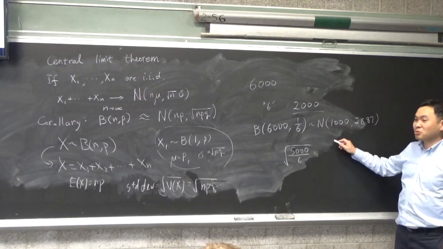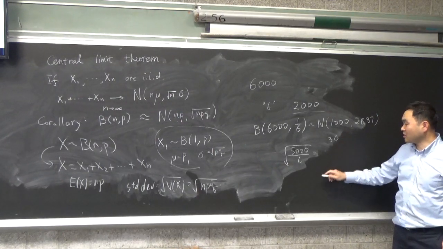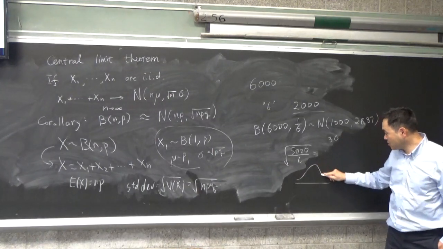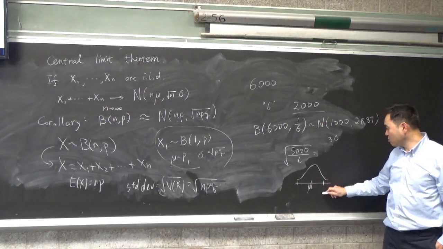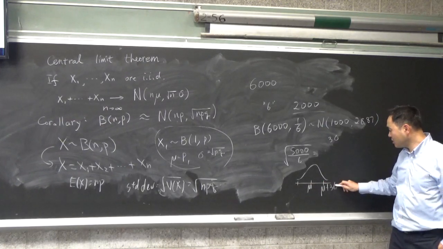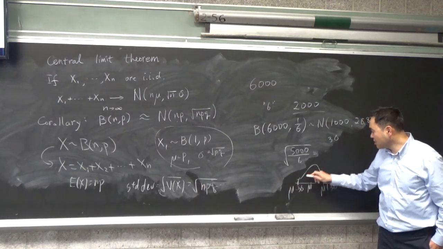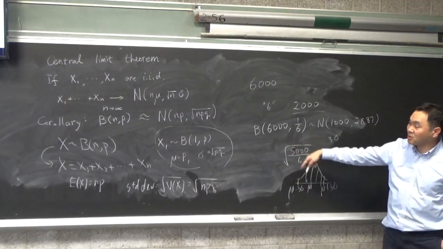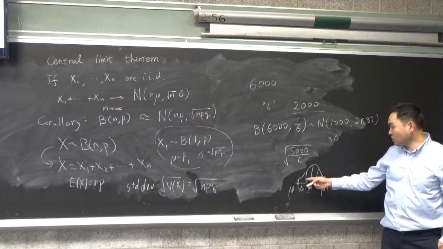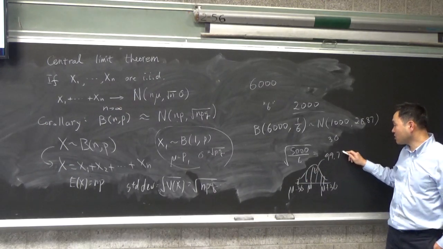So it's called the 3 sigma rule. If you have a bell curve, then here's mu plus 3 sigma, here's mu minus 3 sigma, and if you do the integral of that function, that I deleted, it will come out as 99.7%.